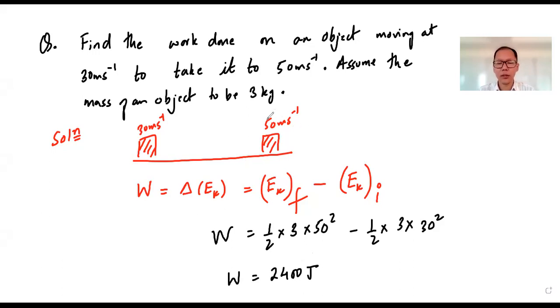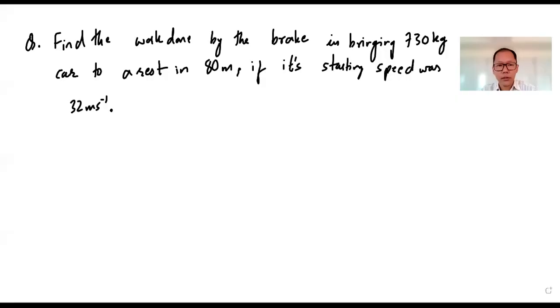Now let's do another similar question, but this time we're using the concept of the resistive force, the work done by the brake. In this question, you have to find the work done by the brakes in braking a 730 kg car to rest in 80 meters.